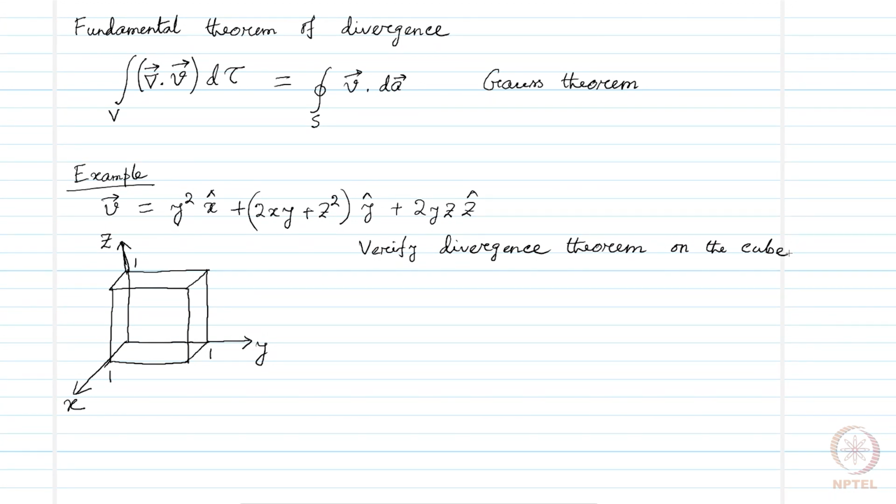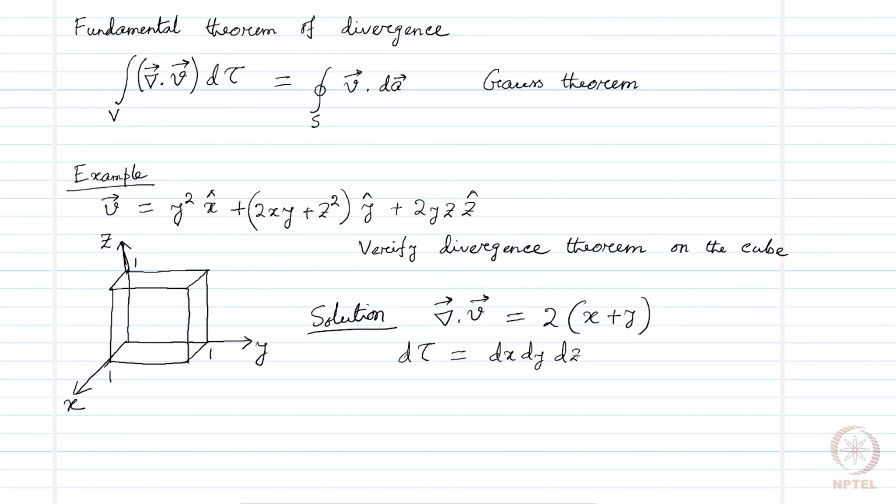So, we have to calculate the divergence of V for that. Let us calculate the divergence of V, that is twice of x plus y. You can do it and check for yourself. And the volume element d tau is given as dx, dy, dz.